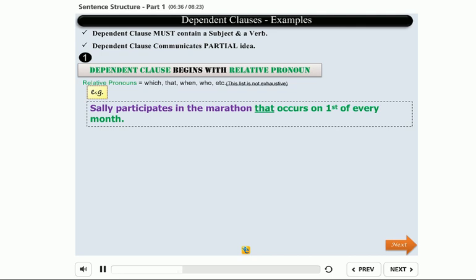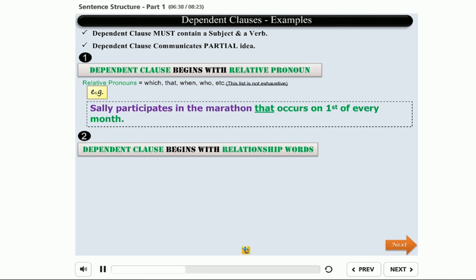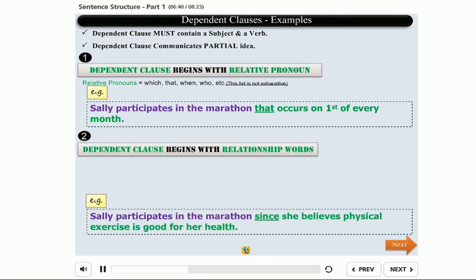Secondly, dependent clauses can be formed by using relationship words. For example, in this sentence, since is a relationship word that shows reasoning. This word marks the beginning of the dependent clause. There are other relationship words that represent reasoning, such as because, as. Then certain words such as after, while, since, until express sequencing of events.